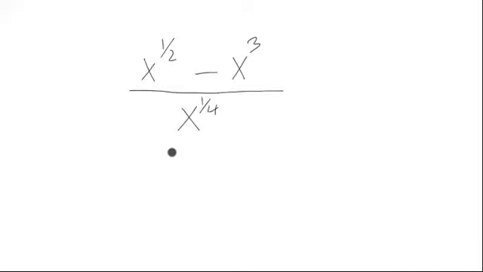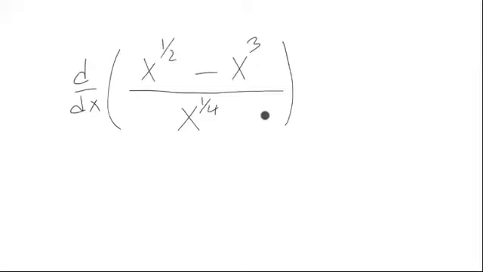For instance, what if we have something like x to the 1/2 minus x to the 3rd, and maybe this is all divided by x to the 1/4. I want to take a derivative of that.